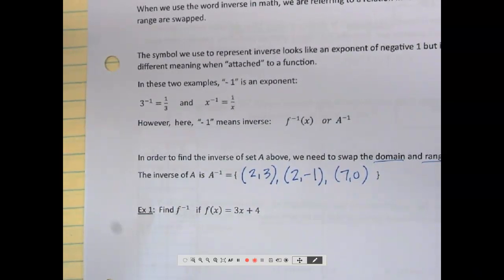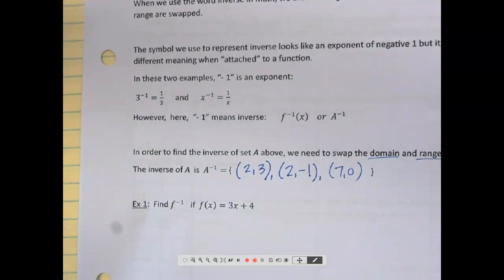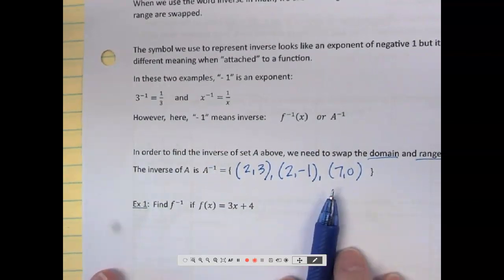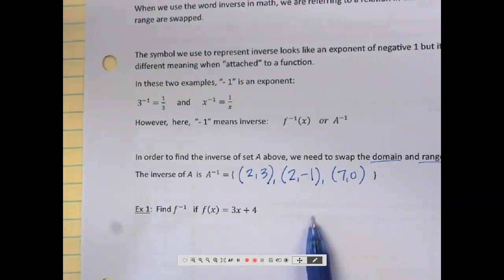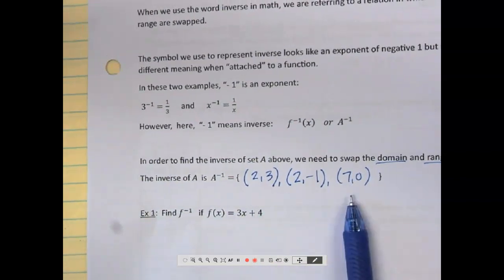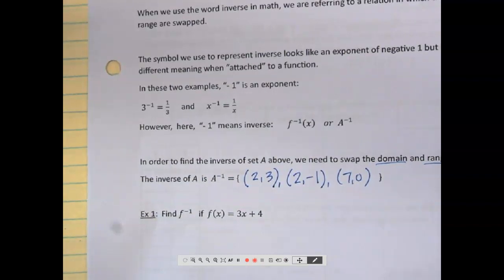Okay? Now, not every set of ordered pairs, in fact, we rarely deal with something that is just 3 ordered pairs, right? Okay, oh, and I forgot one thing. What if I plotted this, would it pass the vertical line test? Wouldn't. Oh, it would?